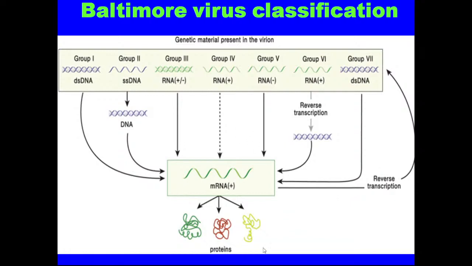The protein should be produced out of mRNA. But in all viruses, the way they get this mRNA is different. So the strategy is different in different groups. Let's take a look at these groups.